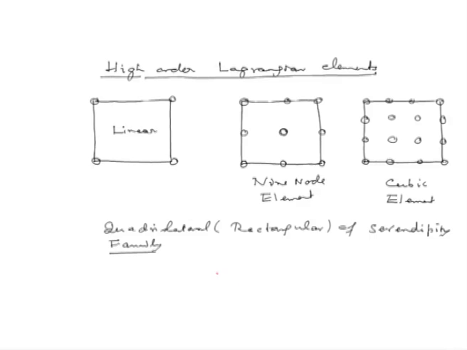But if you go for the quadratic one, say for instance, or cubic ones, we can define the shape functions in such a way that we do not need any interior node.